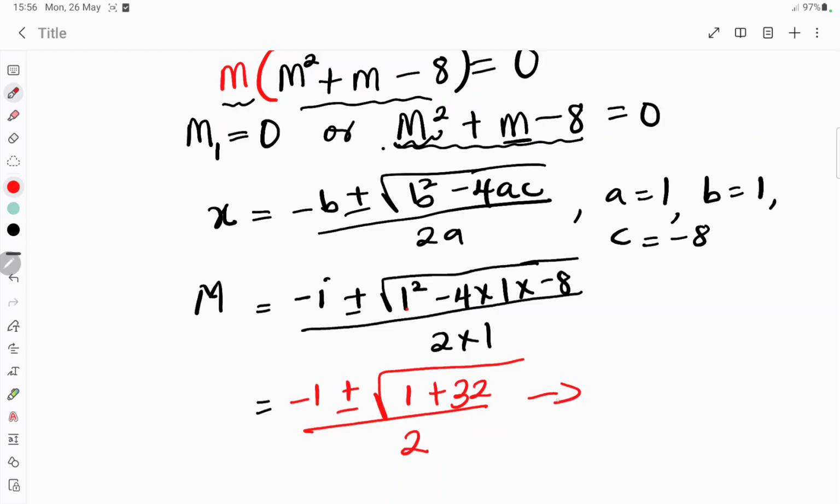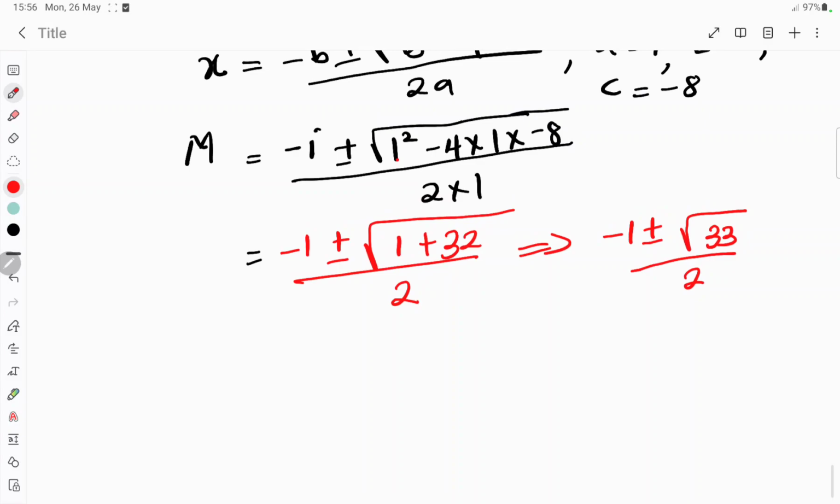This will now be minus 1 plus or minus the square root of 33, because we are adding 1 to 32, divided by 2. So these are the values for m.